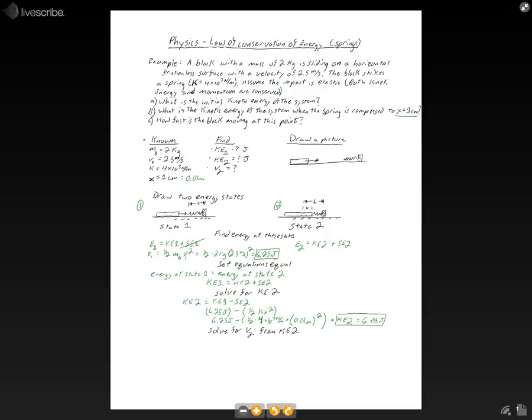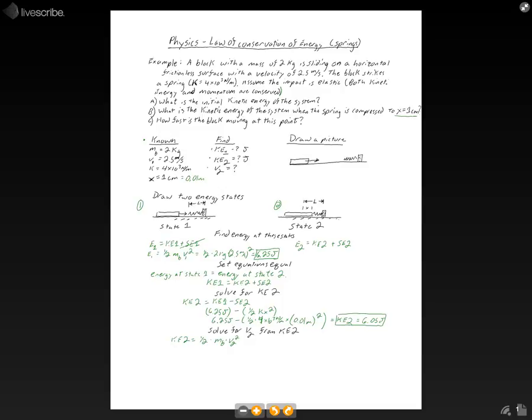Then we can derive the value for V2, the velocity at state 2, by breaking down KE2 into its components. That's going to be 1/2 times m sub b times V2 squared.